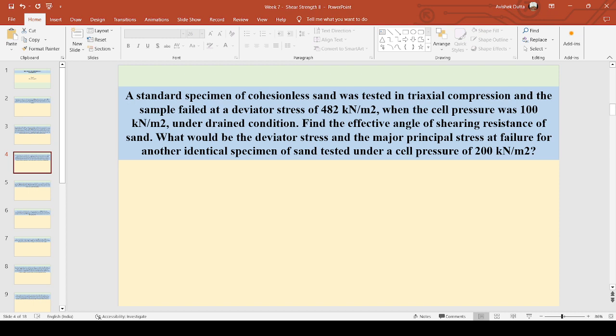For another identical specimen, we have to find the deviator stress and the major principal stress if the cell pressure is 200 kN/m². For the first sample, only the angle of internal friction, and for the second sample, the deviator stress and the major principal stress at failure.